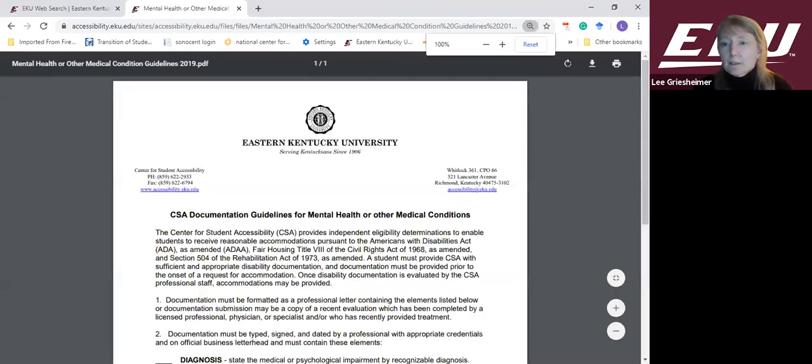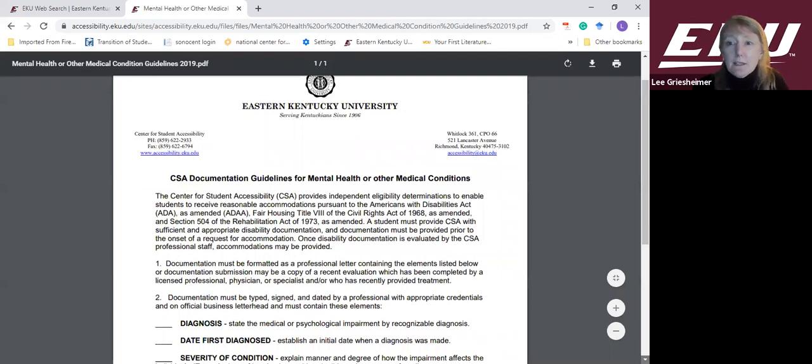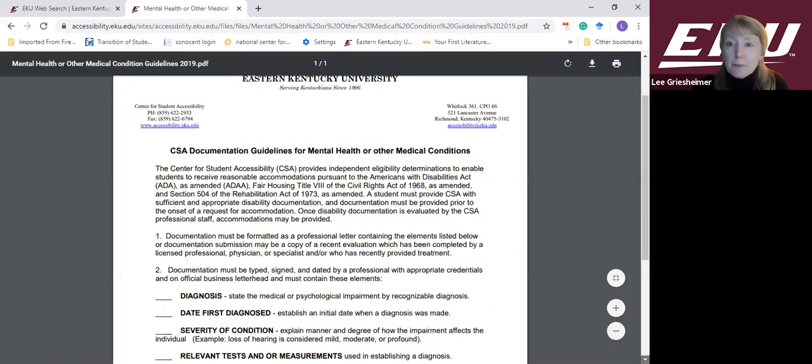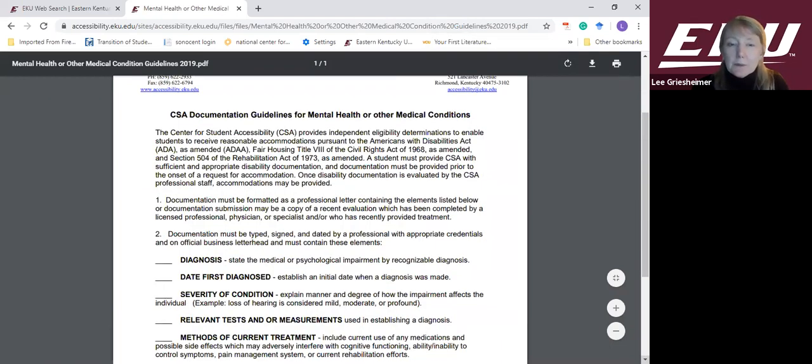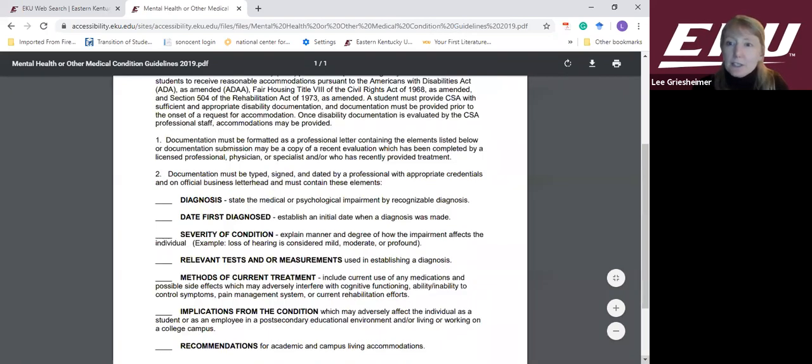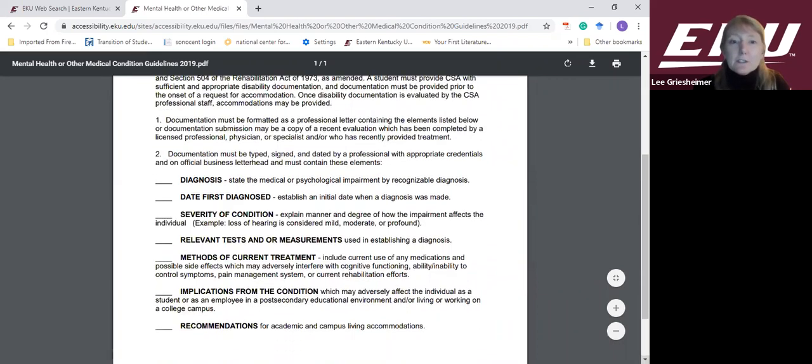Often, this is the area where students have the most questions. So if you have a mental health or medical professional that you have a long-standing relationship with, we ask that they use their letterhead and write us a letter, just basically covering these points.